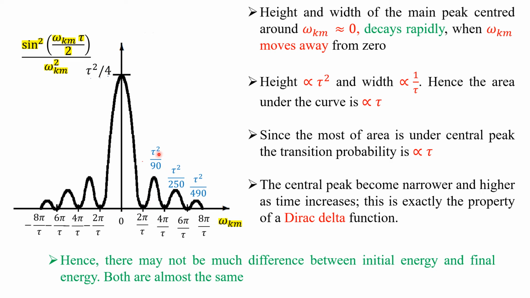When you move away, the peak height reduces. The peak height indicates the probability, so probability reduces drastically. When you move beyond 0, you get probability close to 0. So your peak is actually centered around 0.